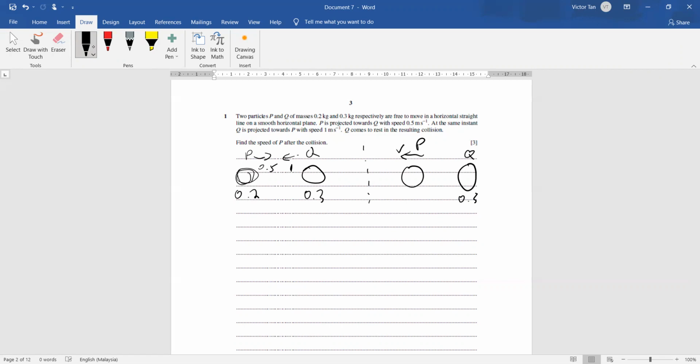Okay. So this is the law of conservation of momentum.